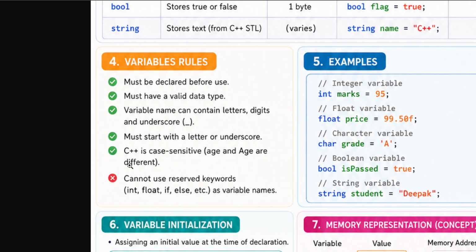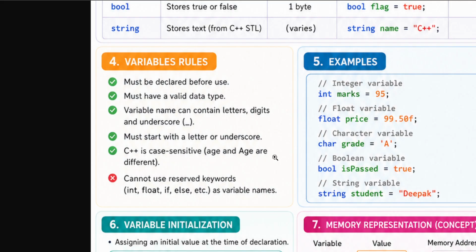We also cannot use C++ reserved keywords such as int, float, if or else as variable names. Another important point is that C++ is case sensitive. So this means that age with a small a and Age with a capital A are treated as different variables.